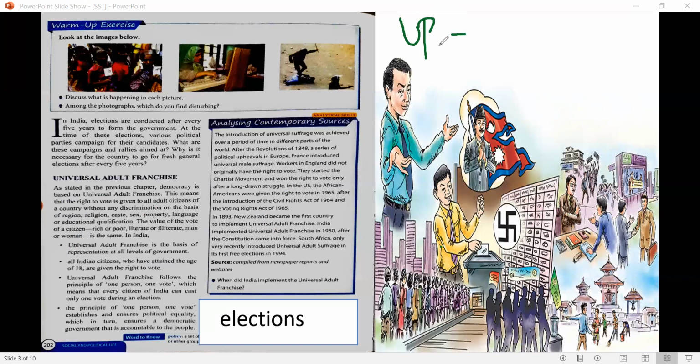Yes, and only in Uttar Pradesh. If you go to Kerala, would the conditions be the same? Not at all. There are some conditions on the basis of which women can vote and cannot vote.